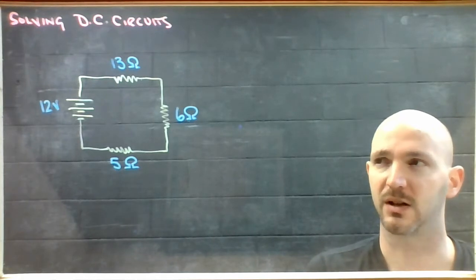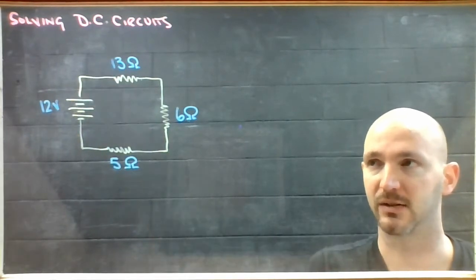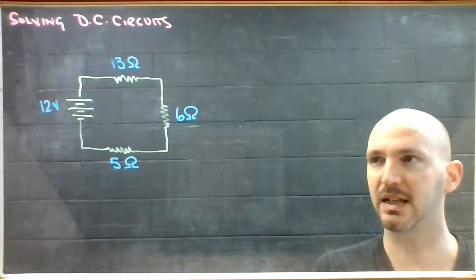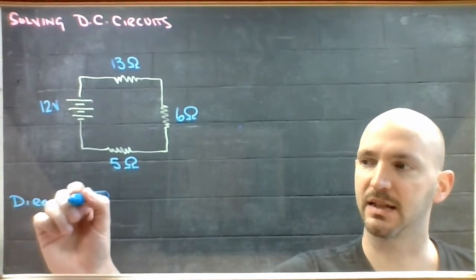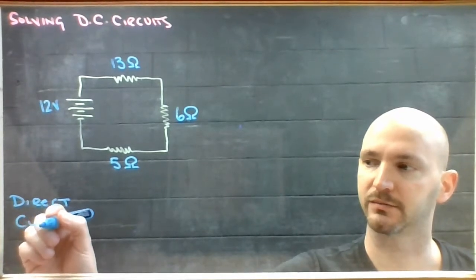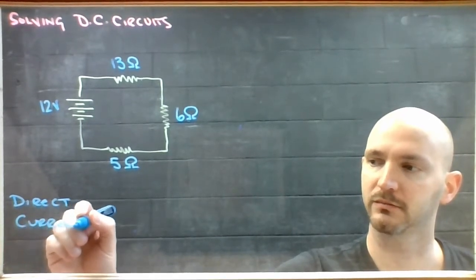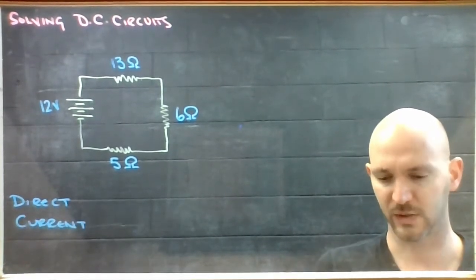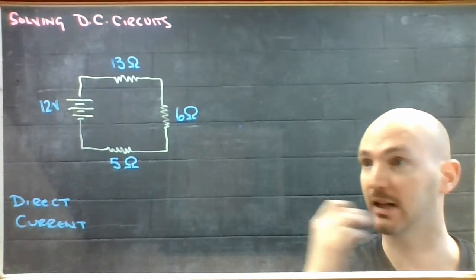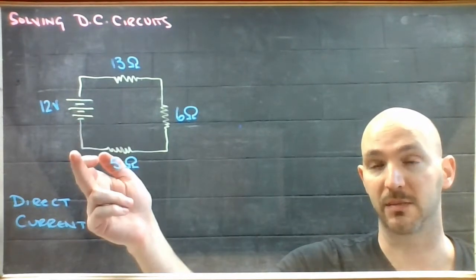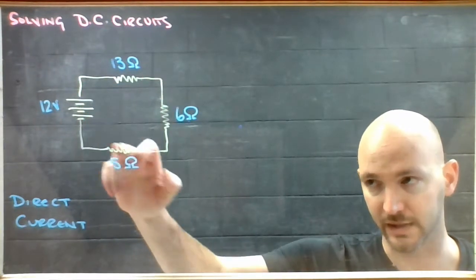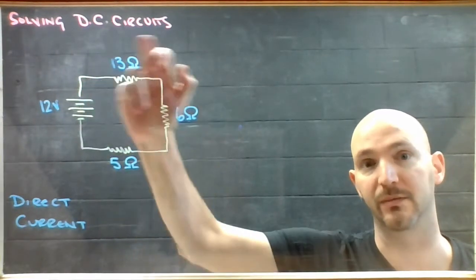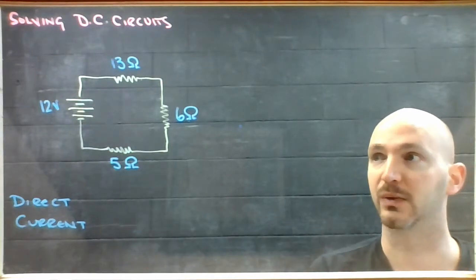So to start off, this thing here, DC circuits, the D stands for direct and the C stands for current. So direct current means that electrons are leaving the battery, traveling through the circuit and coming back in, so they move in one direction through the circuit as it goes.